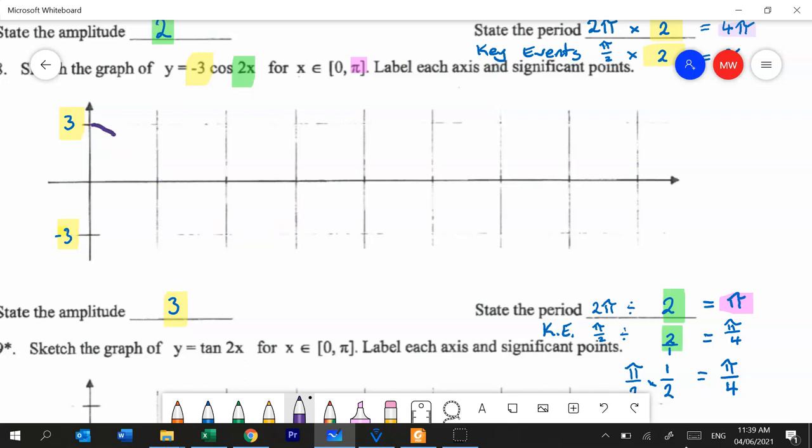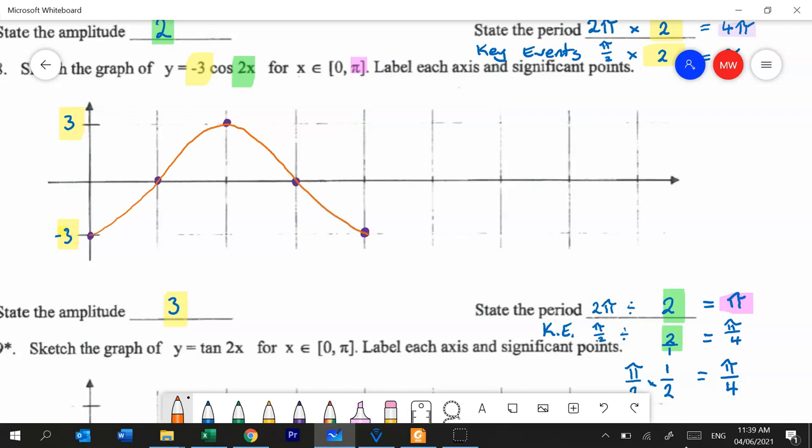But this one is negative, and that's important. It's going to be reflected. It's going to go upside down. So we'll begin here instead, and then our 4 key events will occur here, here, here, and here, where it returns to its origin. So here we go, up and down.